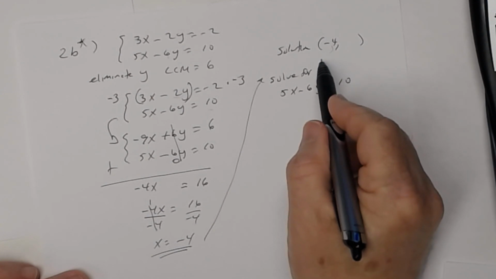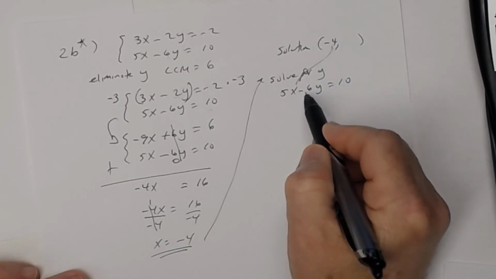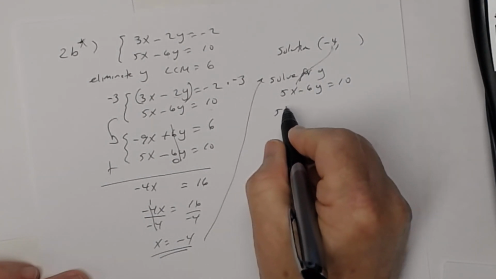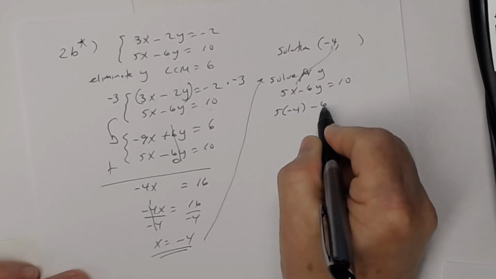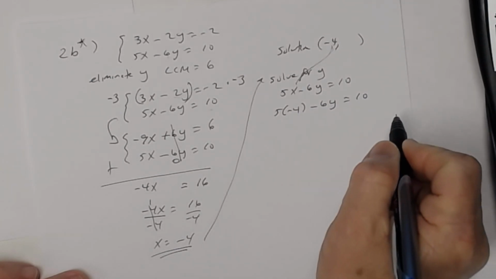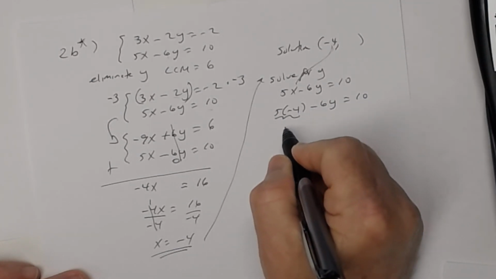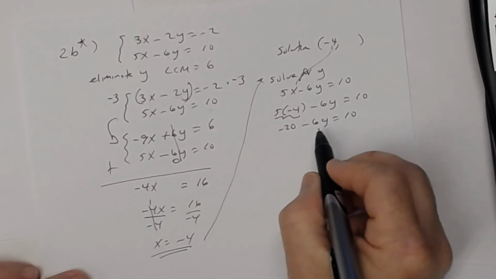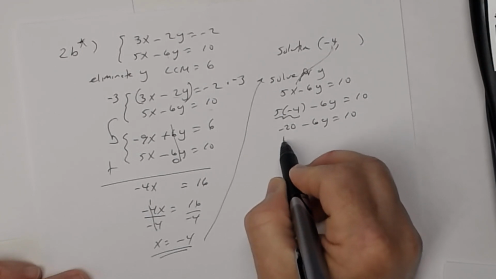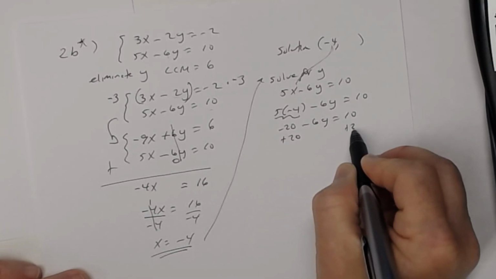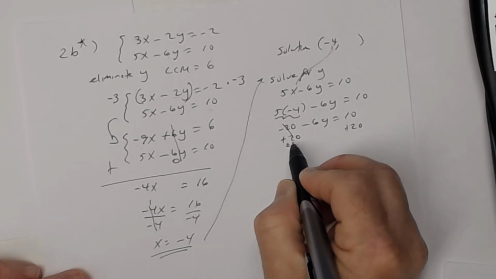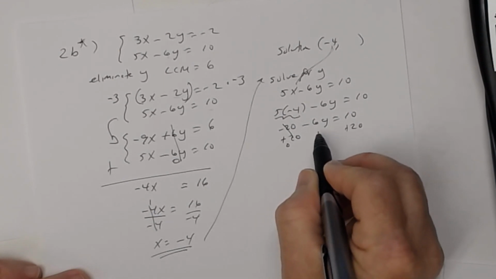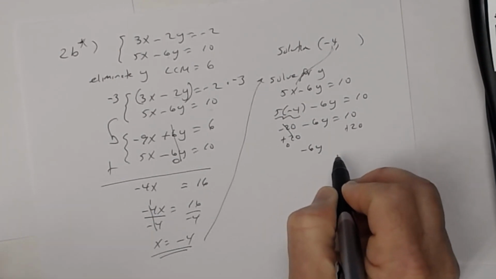So in place of x, I'm going to substitute negative 4 to solve for y. So I get 5 times negative 4 minus 6y equals 10. 5 times negative 4 is a negative 20, so negative 20 minus 6y equals 10. Adding 20 to both sides, negative 20 and 20, 0, and a negative 6y. Be careful, that's a negative 6y, not 6y.